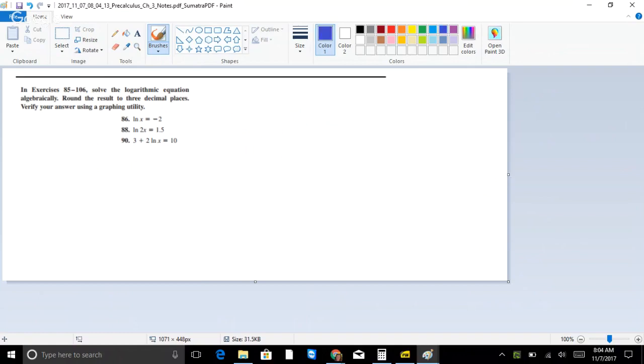Okay, so we're back to logarithms. Couldn't stay away, right? We have 3 plus 2 times the natural log of x equals 10. Okay, and we want to solve for x. So let's do all of the other algebraic things we need to do, and then deal with whether we want to raise it to an exponent or not.